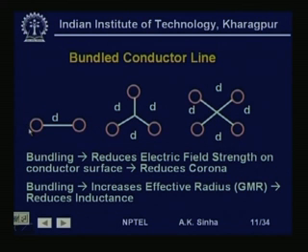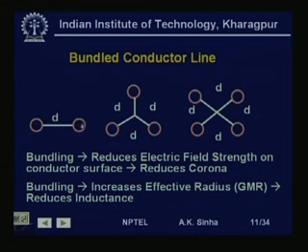Now, if we have this, then the surface area of 1 meter length of the conductor, in case we are using two conductors instead of one, will be pi into r by root 2 multiplied by 2.